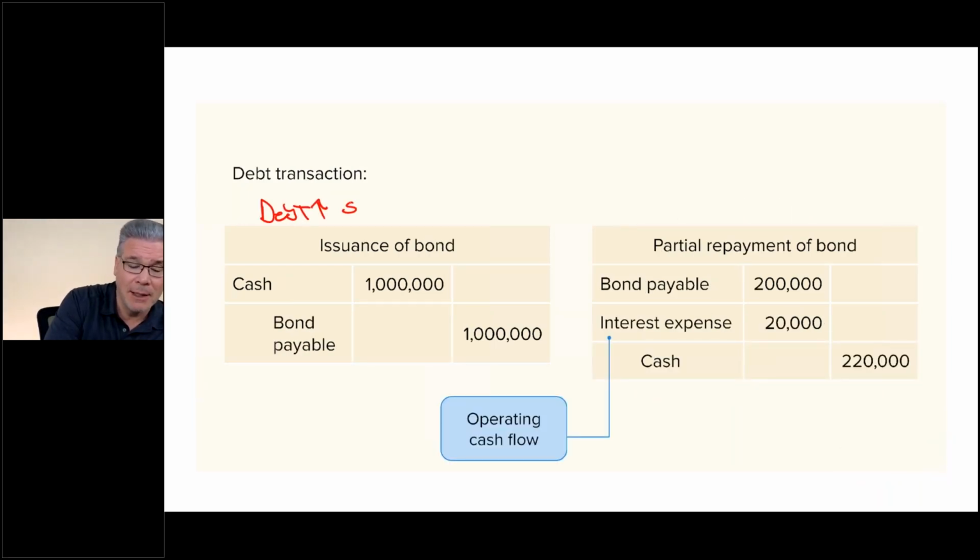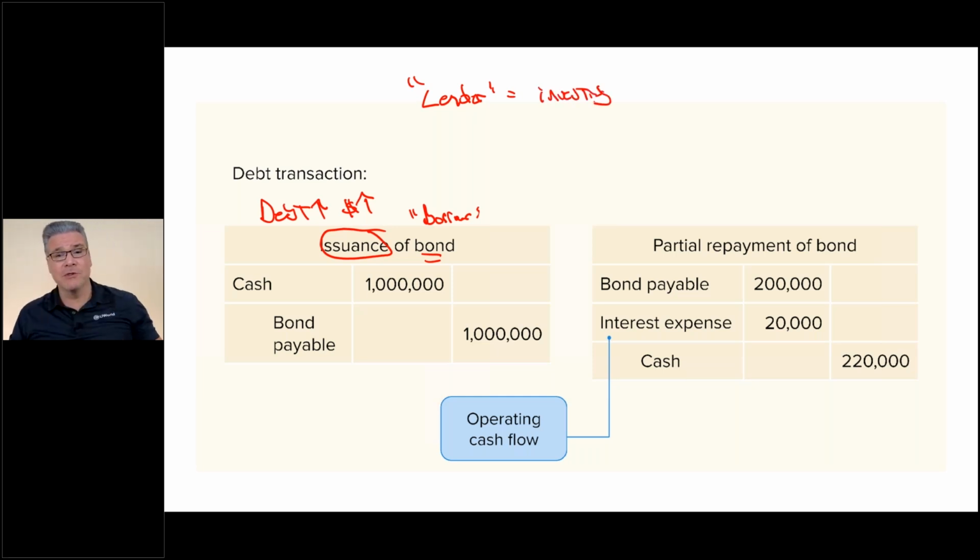Debt transactions. Debt up, cash up. We are the issuer of the bond. We're the borrower. We know the deal. When we're the lender, that's an investing activity. When we're the borrower, that's going to be a financing activity, a financing inflow.